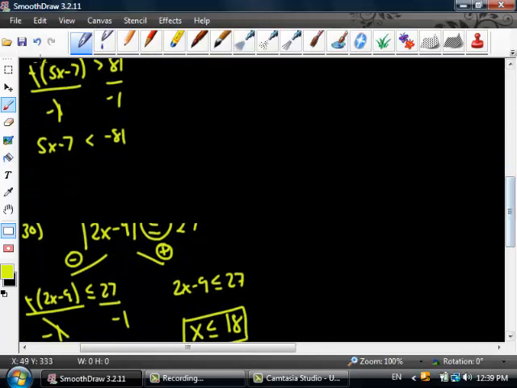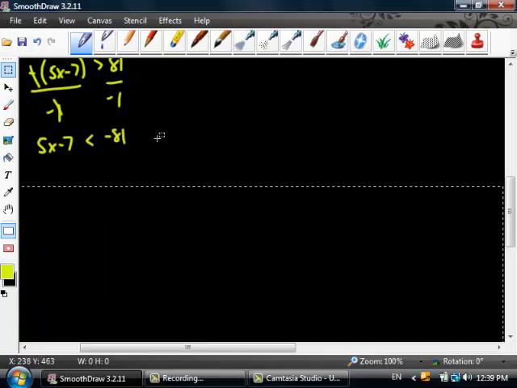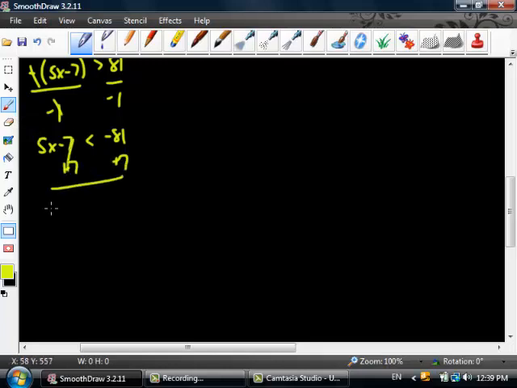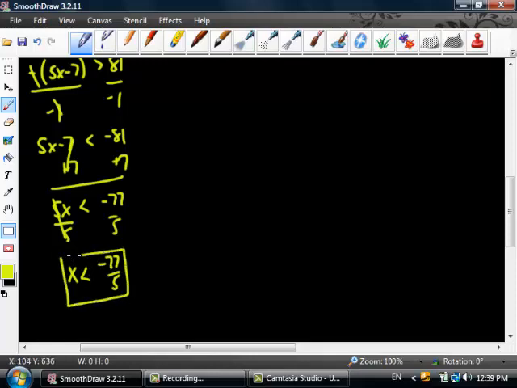If I add 7 to both sides, 5x is less than negative 77. So x is less than negative 77 over 5. Raise your hands if you got that for your negative case. Negative 77 over 5. Oh, 74? I'm sorry. My bad. Thank you. It is negative 74.